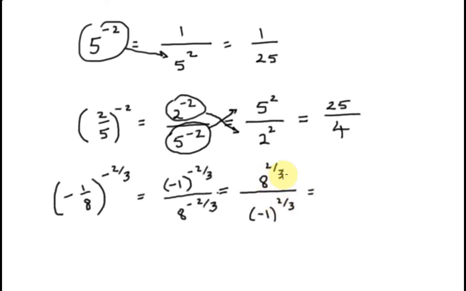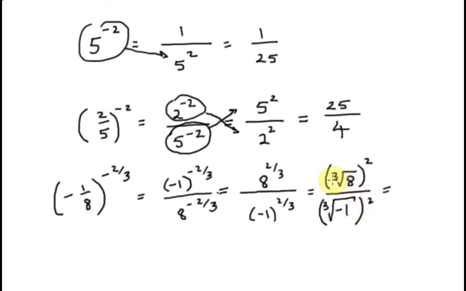Now all I have to do is work out what these numbers are. Well, 8 to the 2/3, that's going to be the cube root of 8, and then we're going to take that number and square it. And negative 1 is also being cube rooted, and once I figure that number out, I'm going to square that.